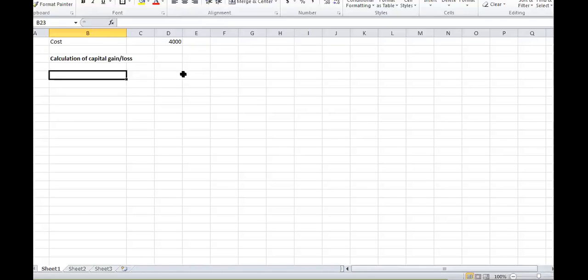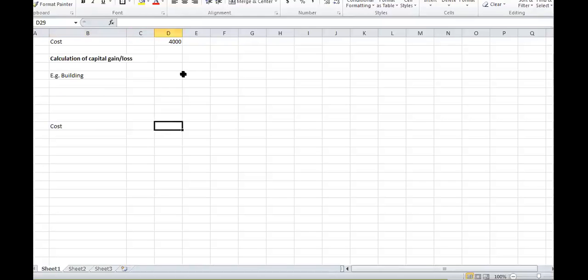So how to calculate gain or loss? Let's take a building as an example. For example, I have purchased a building.